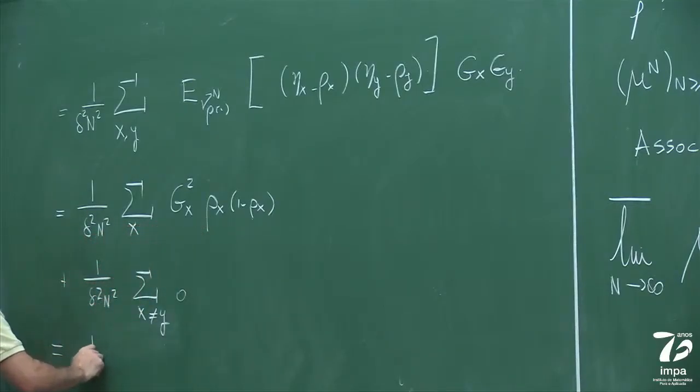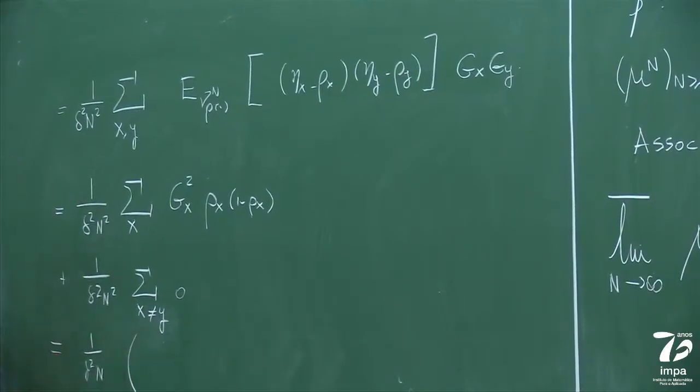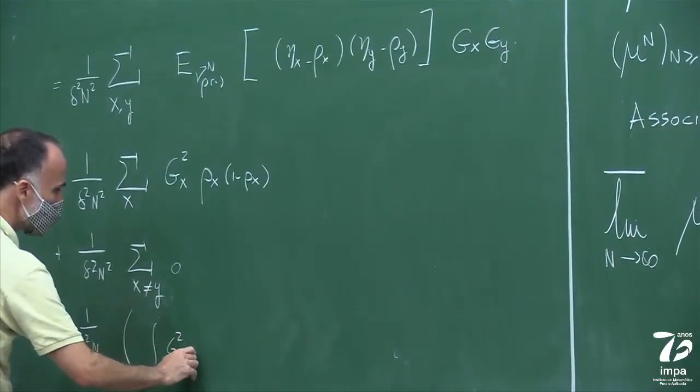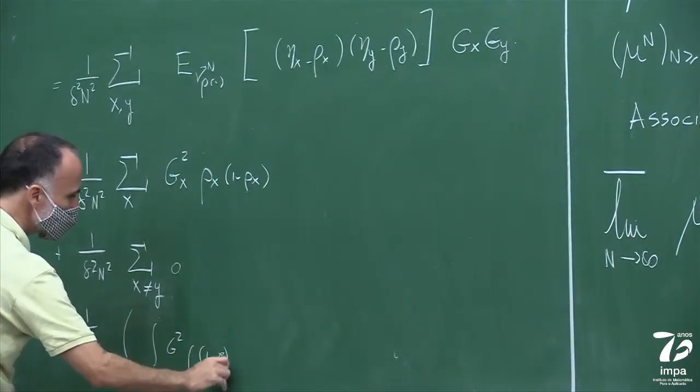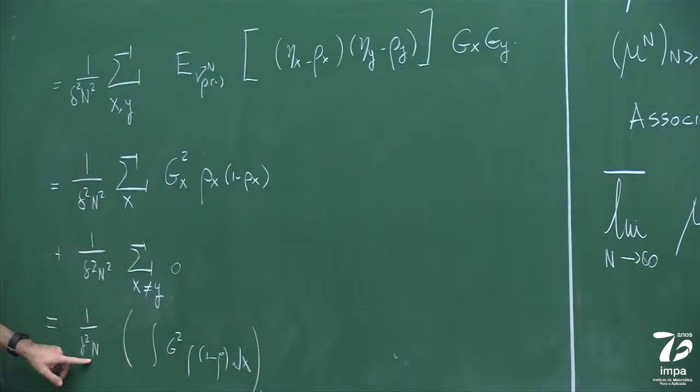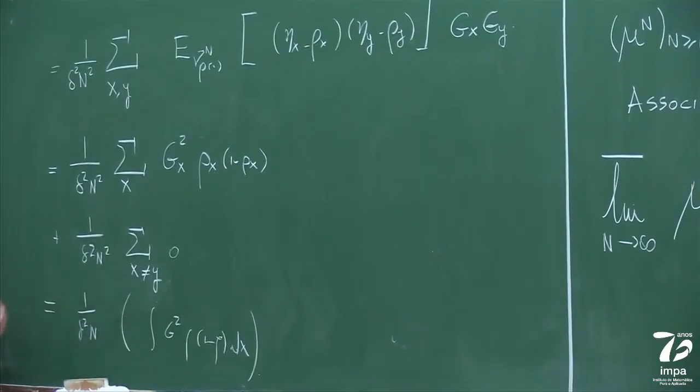So this is equal to 1 over δ divided by n times an expression which is converging to the integral of g square ρ(1 − ρ). So this is of the order 1 over n. So it converges indeed to 0.